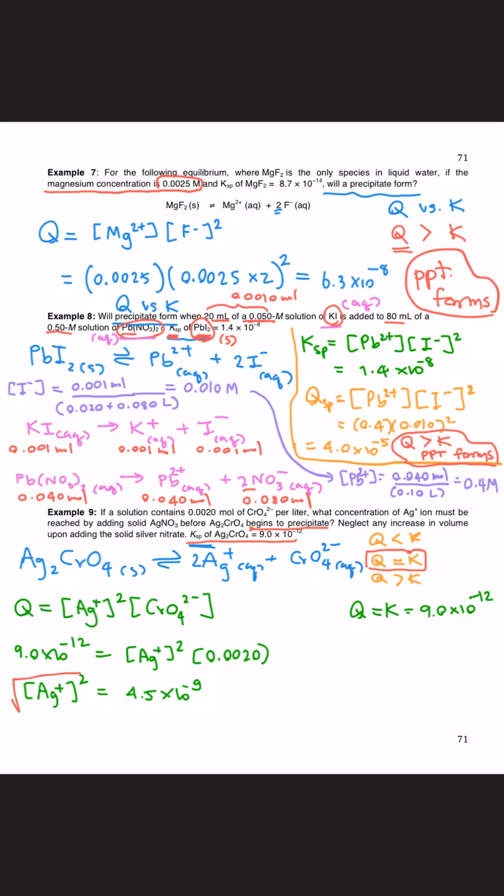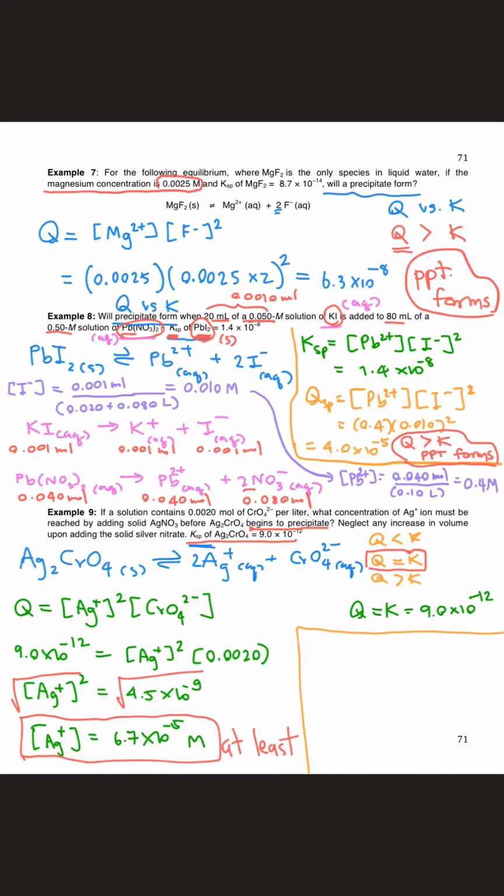Square root both sides, and you get the concentration of silver ion equal to 6.7 times 10 to negative 5 molar. Therefore, in order for silver chromate to precipitate, we will need to add silver ions to be at least 6.7 times 10 to negative 5 molar.